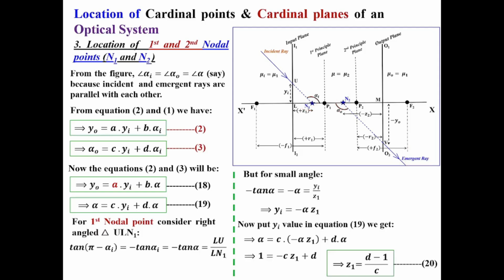From the figure, the angle alpha I and the angle alpha O are the same because the incident and emergent rays are parallel with each other. Let us call it alpha.